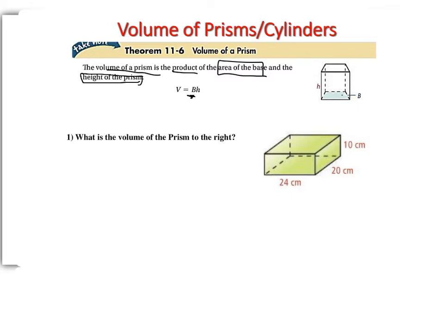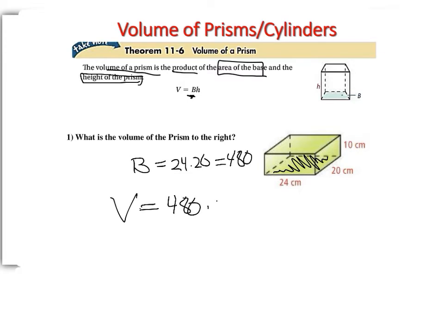We're going to find the area of that rectangular bottom. So that's 24 times 20, which equals 480. And then the whole volume will be that capital B times the height, so it's 480 multiplied by 10.